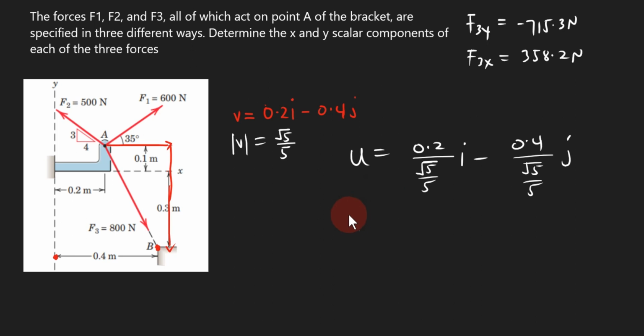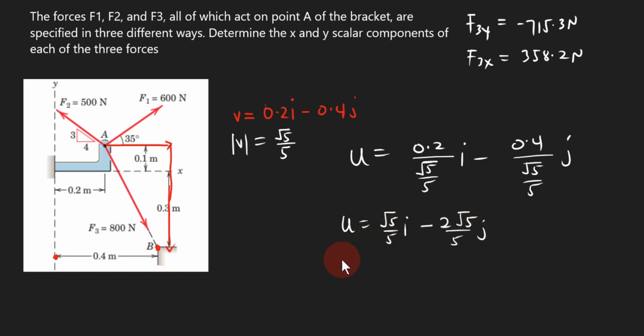In simplifying this, I'm going to have u equal to 0.2 divided by square root of 5 on 5, which gives me square root of 5 on 5i, minus, let's divide 0.4 by square root of 5 on 5, which also gives me minus 2 root 5 on 5j.